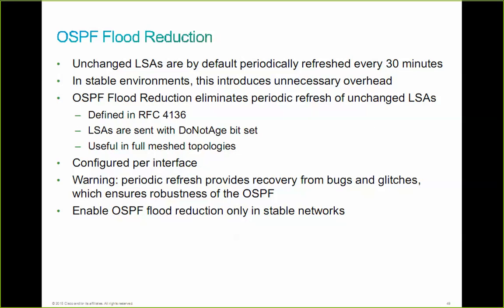Because if the link state advertisements don't age, the only negative impact on your network is if networks go stale, right? Because if a network goes down, you should get an update. If a metric for a network changes, you should get an update. So having this do not age bit set in the link state advertisement is actually a pretty good deal.